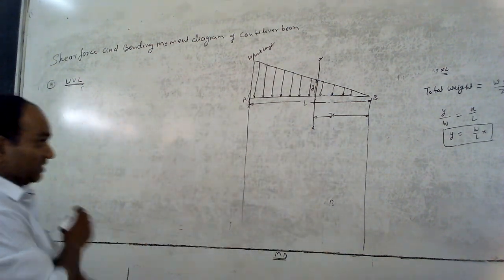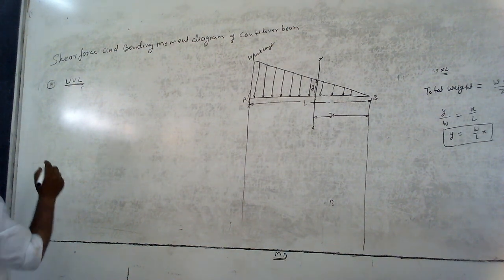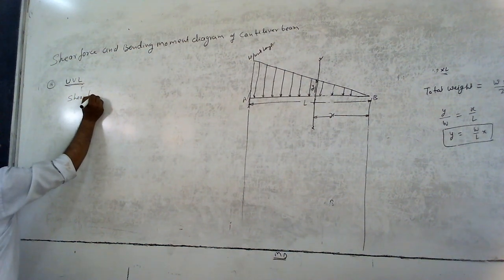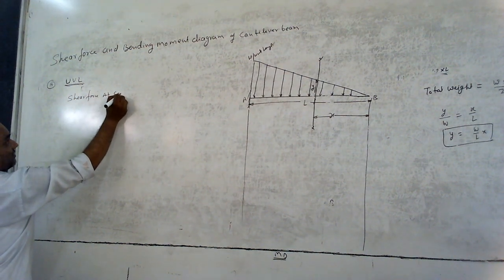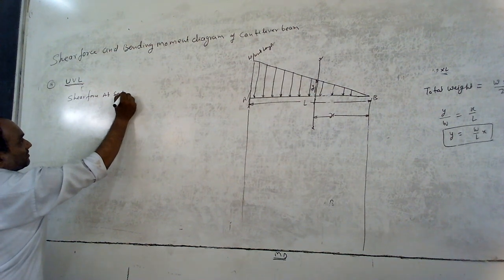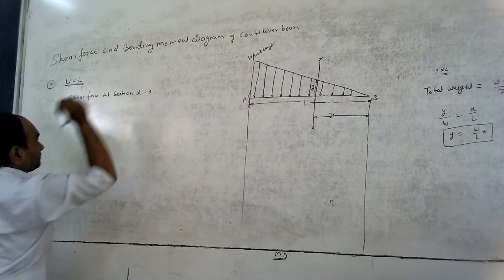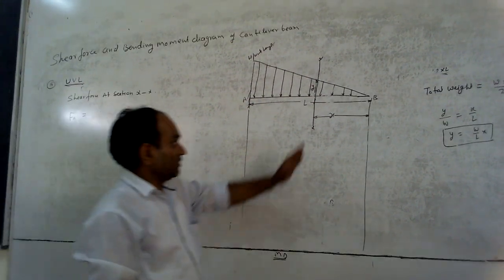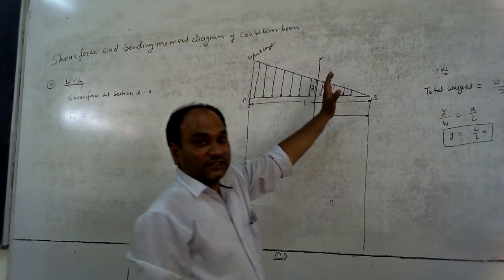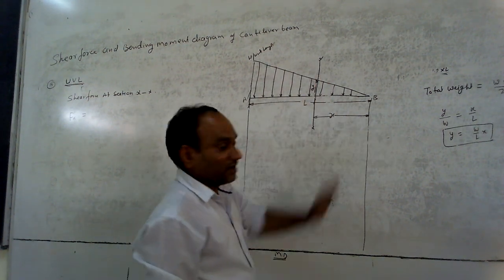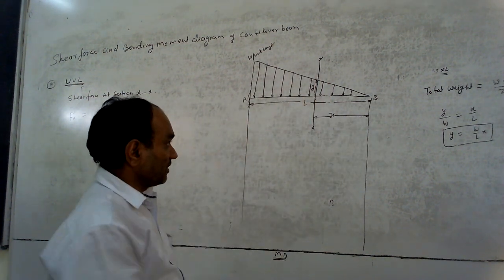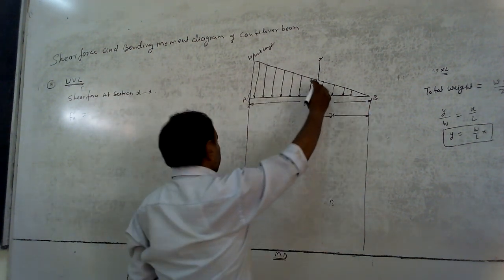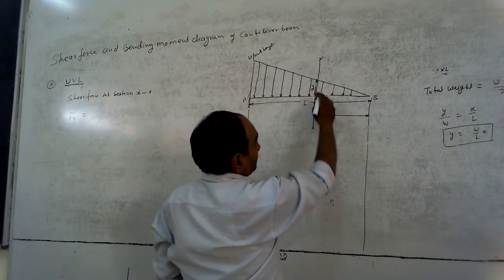Now we have to find out the shear force at section XX, that is Fx. Fx equal to the algebraic sum of all forces acting on the right side of this section. So only one force, this UVL, is acting over here.